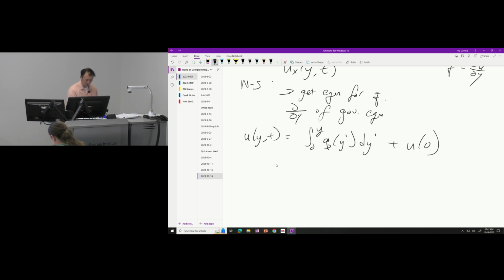Remember, the fundamental theorem of calculus has f of b minus f of a equal to the integral of f prime dx between a and b. Right. Fundamental theorem of calc.